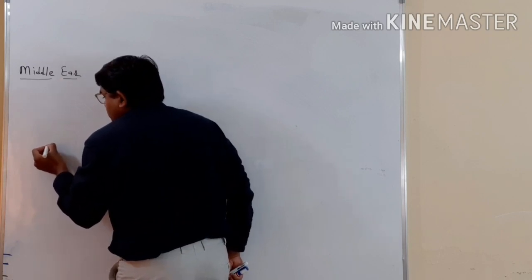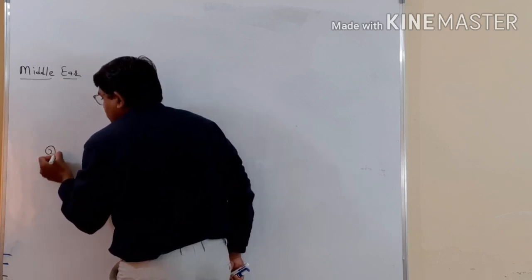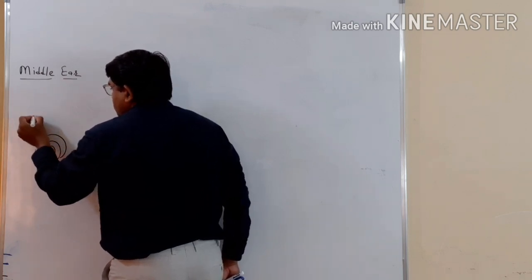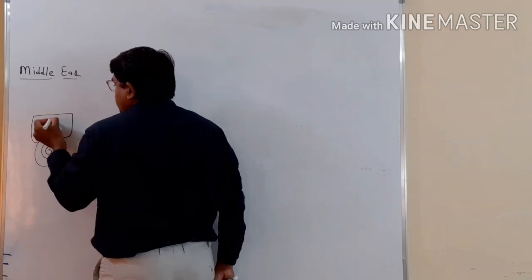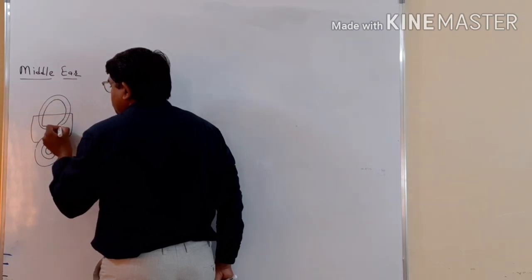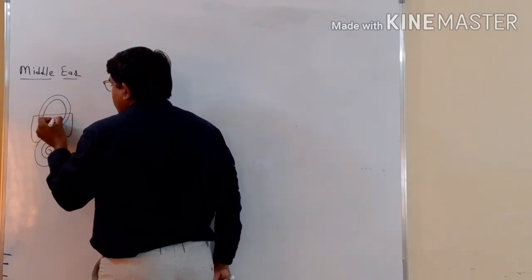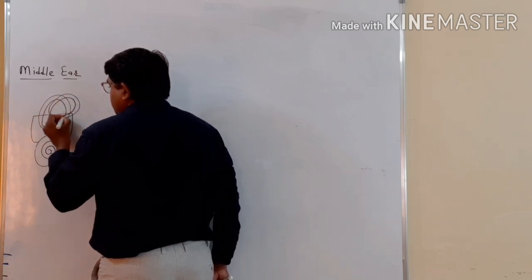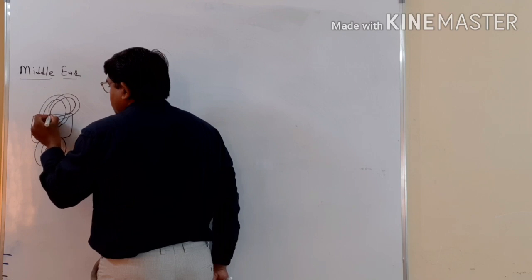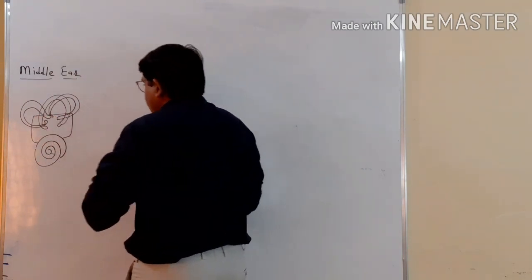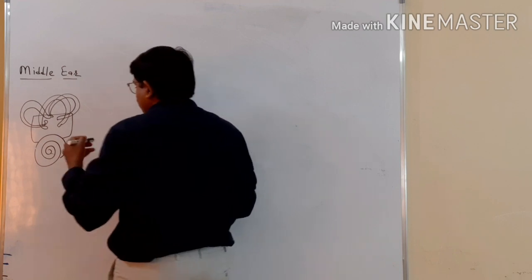Here is the internal ear, the cochlea, the vestibule, the semicircular canal, and here is the middle ear cavity.